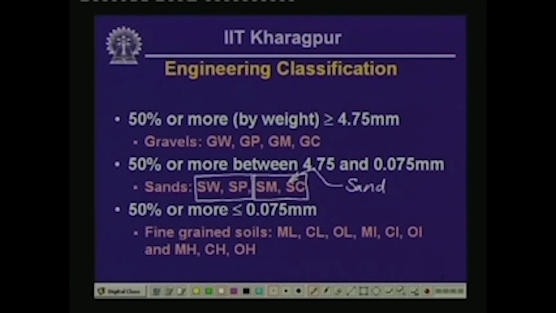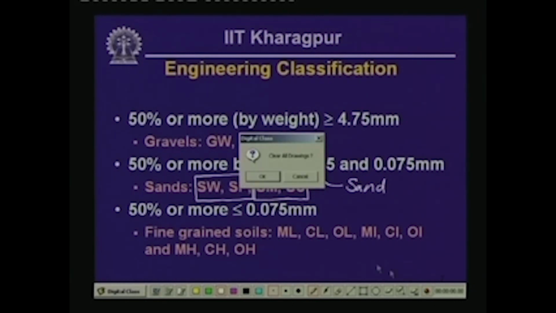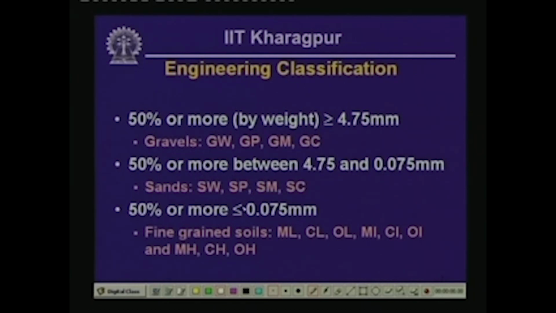Now, the third category is if the soil is composed of more than 50% by weight of fine grained particles, that is particles which have an equivalent diameter of less than 0.075 millimeter. In this case the soils are fine grained soils.